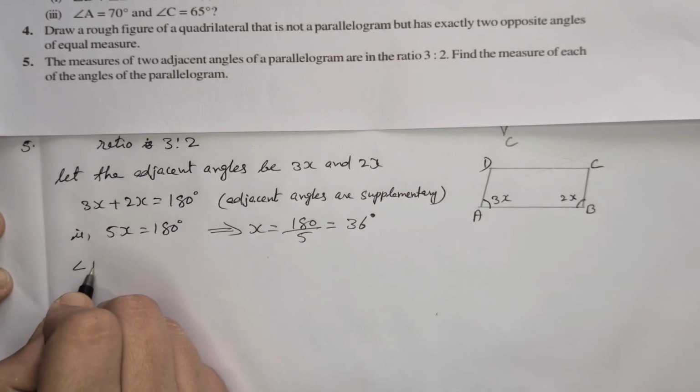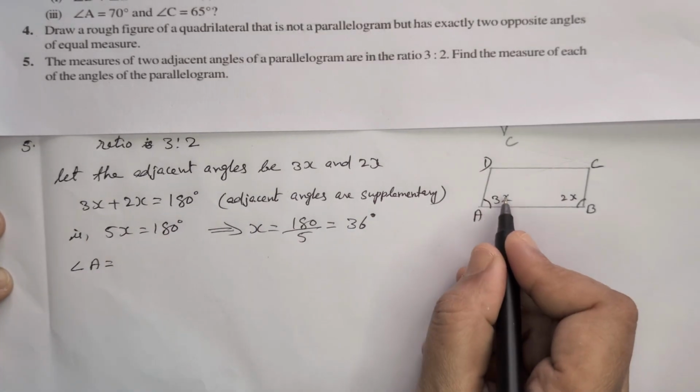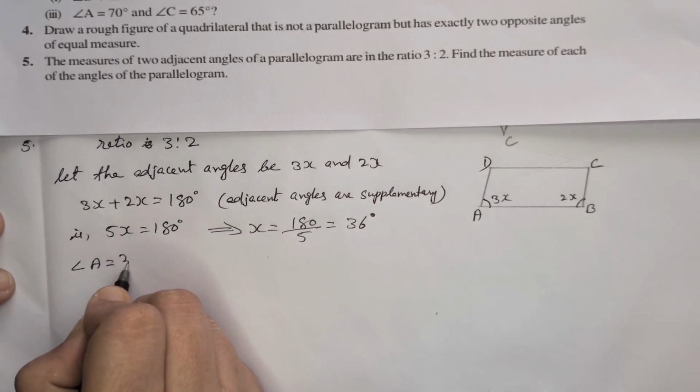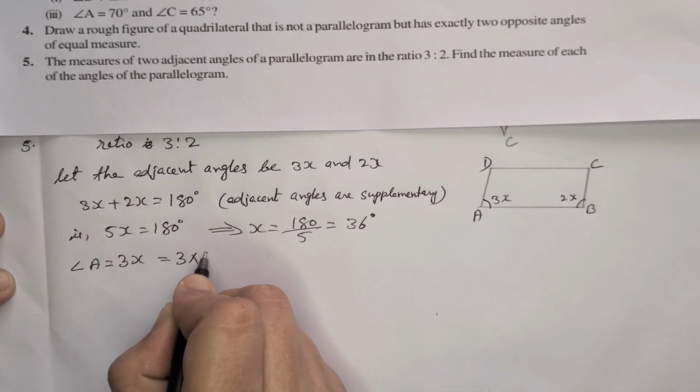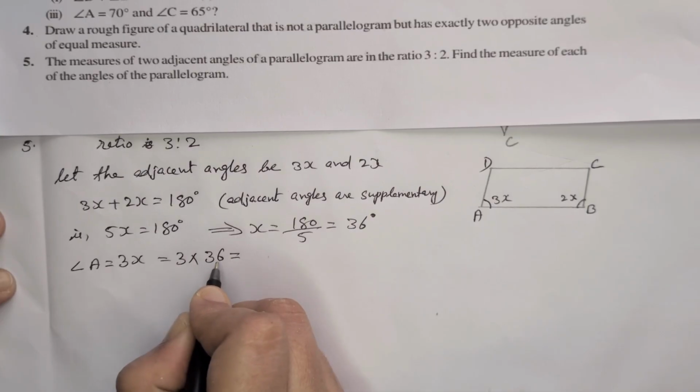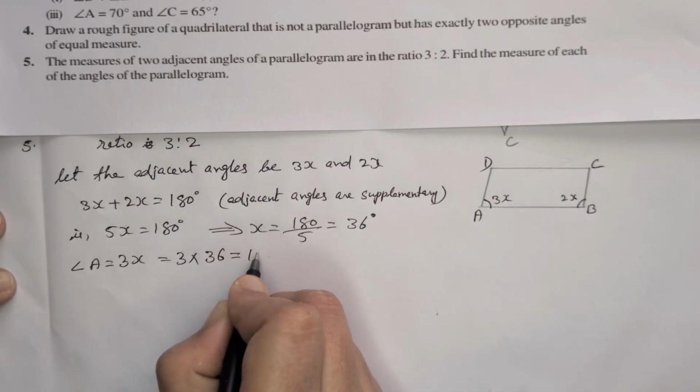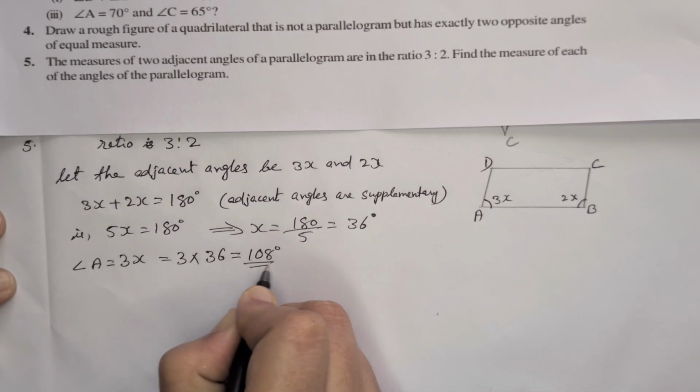Then angle A. Angle A is equal to 3x. So 3x means 3 into the value of x, 36. 3 into 36 is equal to 108 degrees.